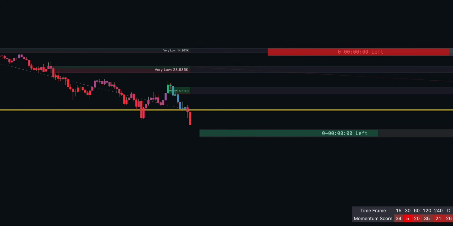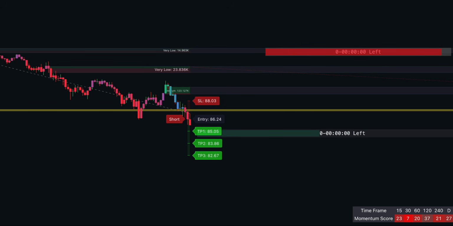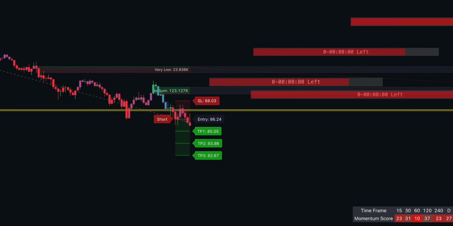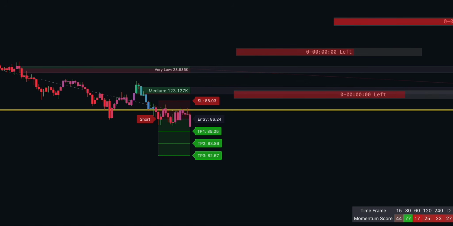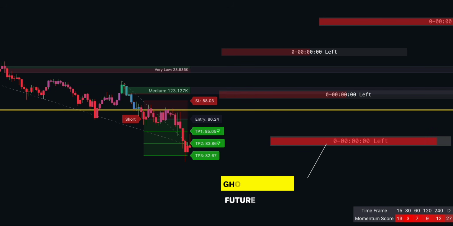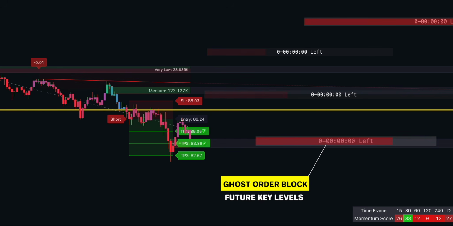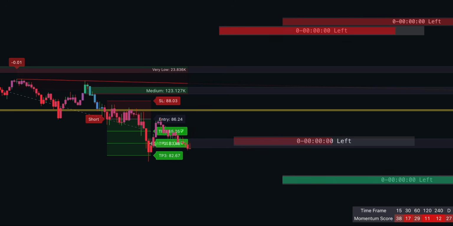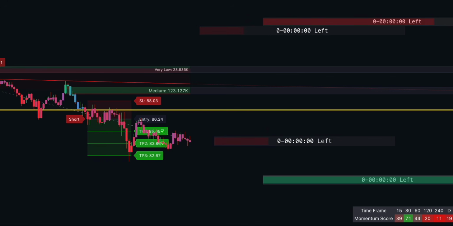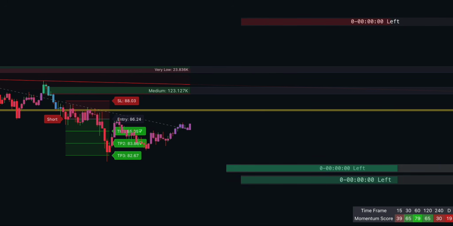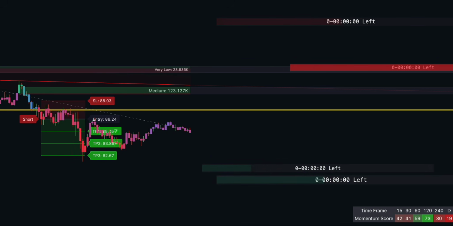It includes features like supply and demand analysis, trade entries with targets and stop losses, and trend lines with breakouts. Additionally, it integrates advanced concepts such as ghost order blocks, which predict future support and resistance levels, a feature not commonly found in other indicators. Despite its advanced capabilities, TradeIQ is designed to be accessible to traders of all skill levels.